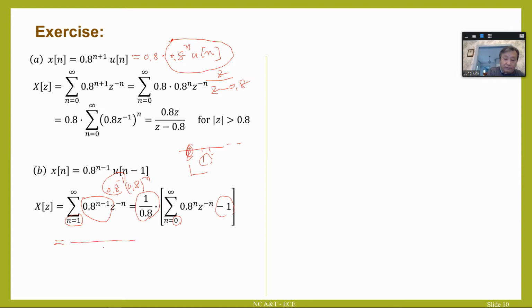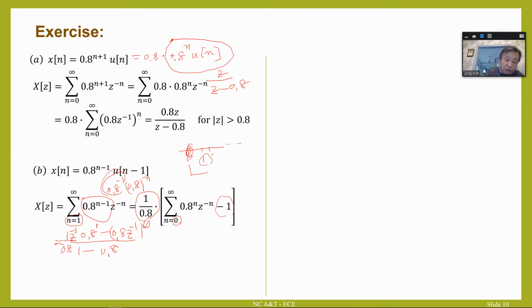Actually, we have 1 over 0.8 and this one, and then 1 minus 0.8 z to the minus 1 in the denominator. Starting from 1, so this is 1 minus 0.8. Oh, I'm sorry, this is z to the minus 1. All right, so starting from 1.